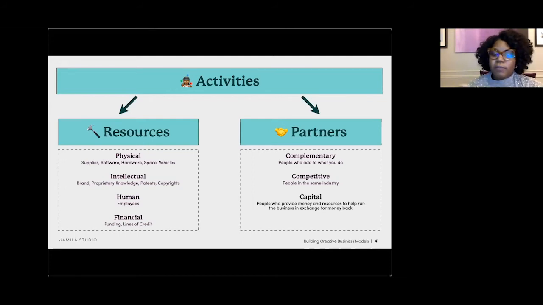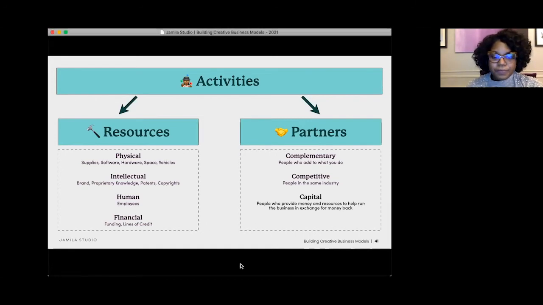These are people who provide money and resources to help you run the business in exchange for money back. So a venture capitalist is a partner. A private investor is a partner. Someone who comes in and wants to be an investor in the business, who might be a friend, becomes a partner for you because they are providing capital.